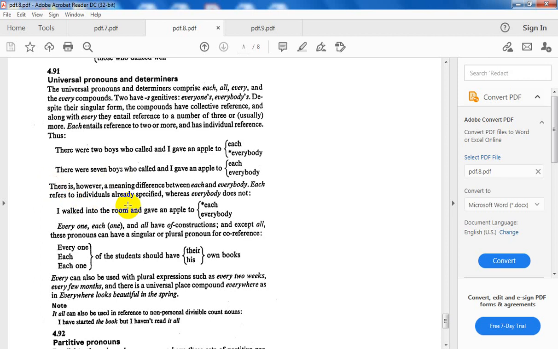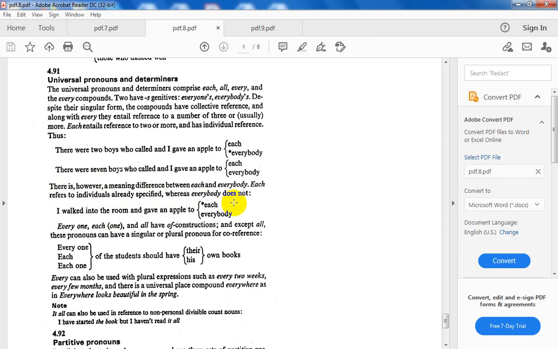There is, however, a meaning difference between each and everybody. What is that difference? Each refers to individuals already specified, whereas everybody doesn't.